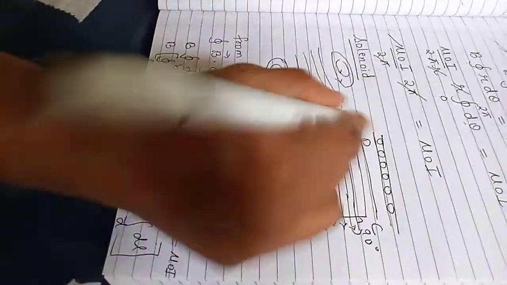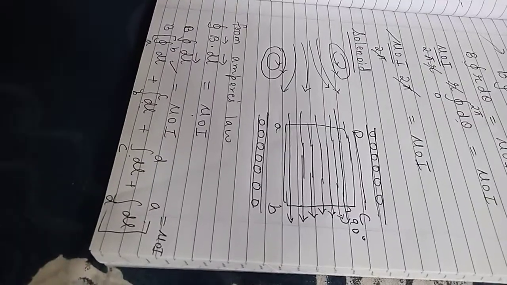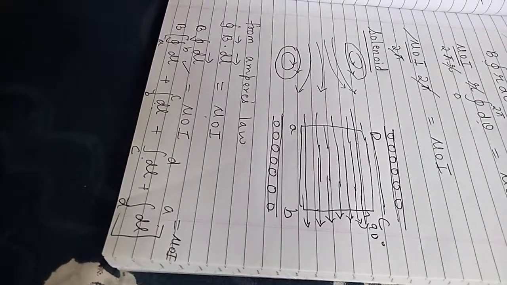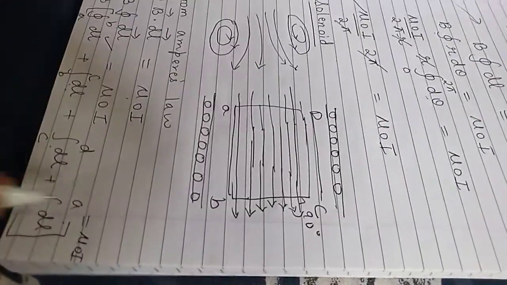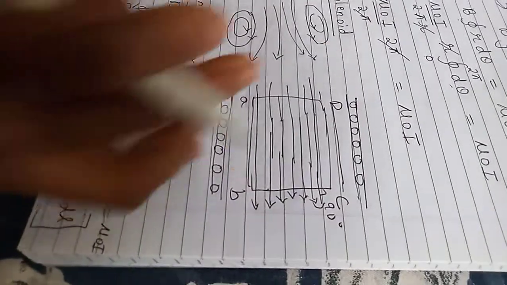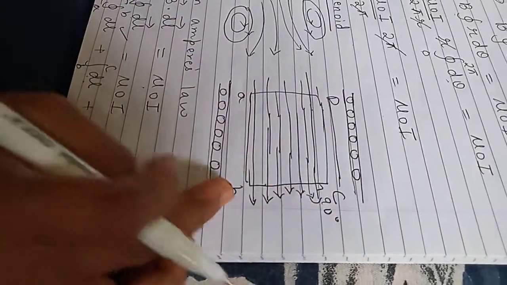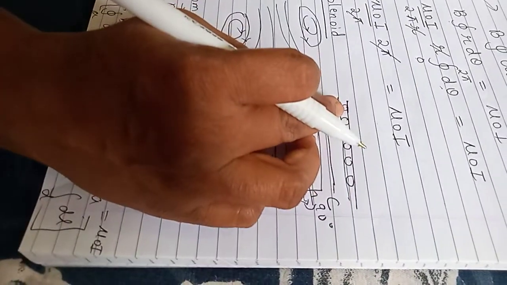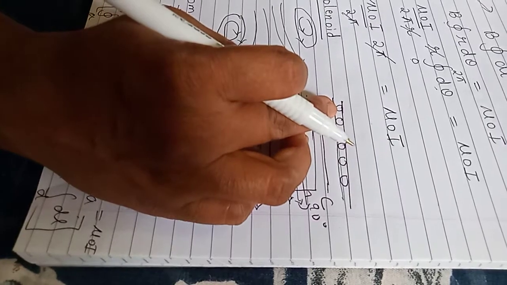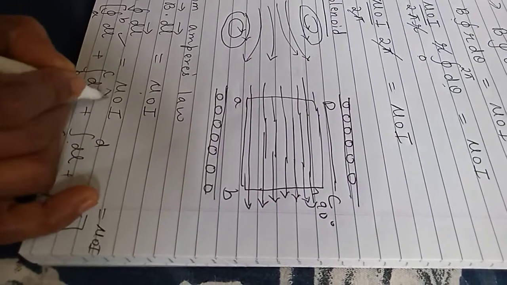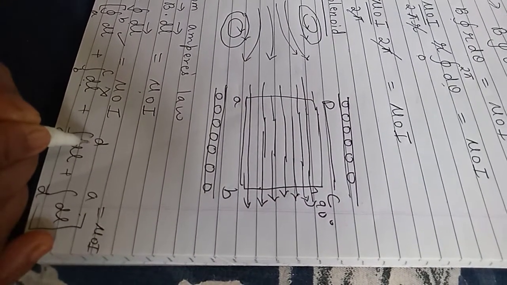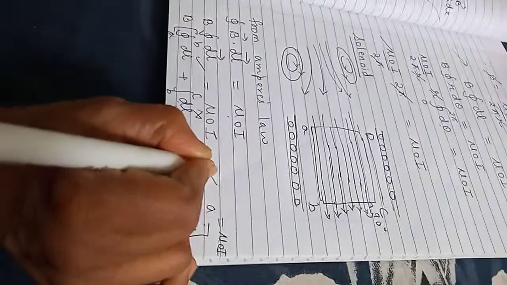C to D has nothing to do with it, because it's out of the magnetic field, it is beyond the magnetic field. And D to A, again, B to C and D to A are perpendicular to the direction of the field. Theta is 90, so this doesn't survive. This is outside, this is again a 90 degree angle.